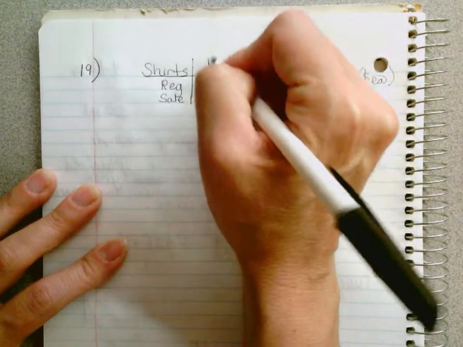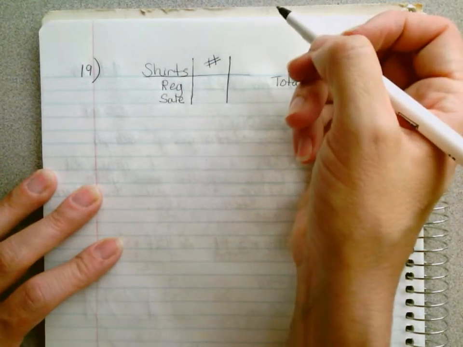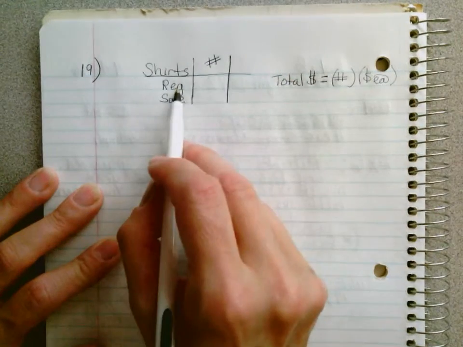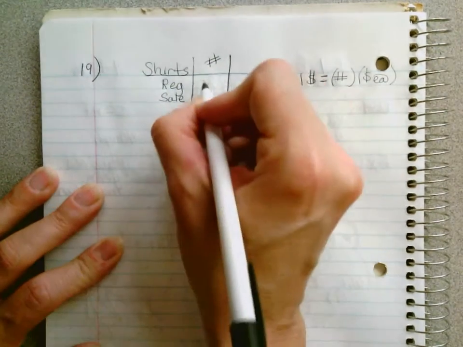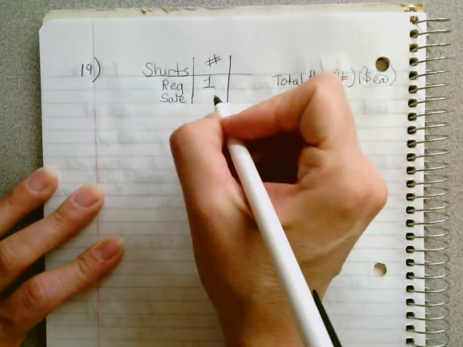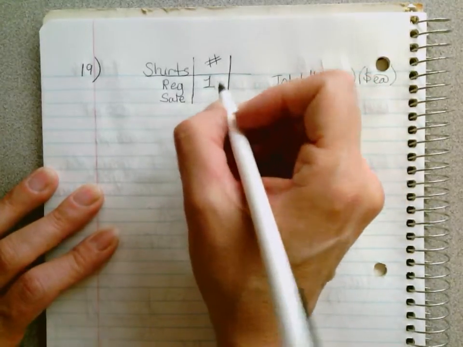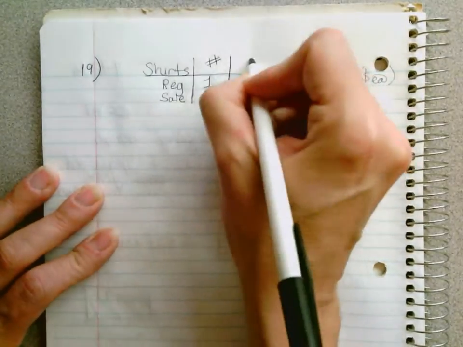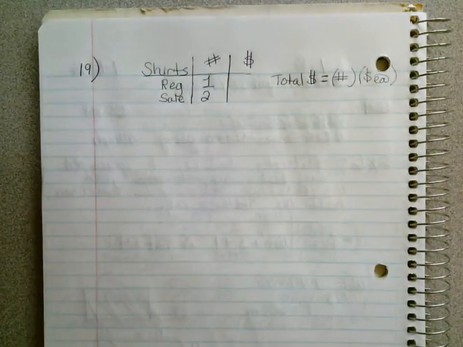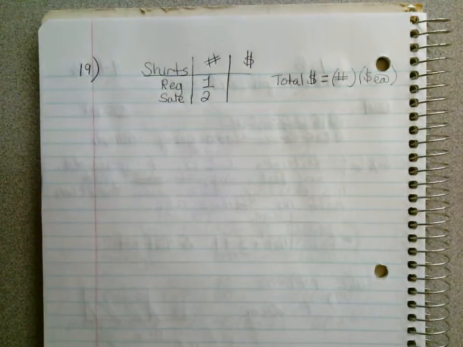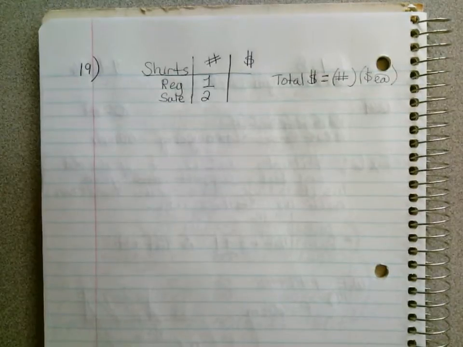As far as the count, how many shirts did he buy at regular price? 1. And how many did he buy at cheapo? 2 cheapos. Okay, wonderful. Do we know the cost specifically?